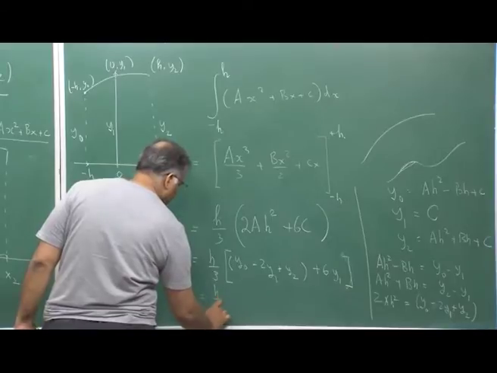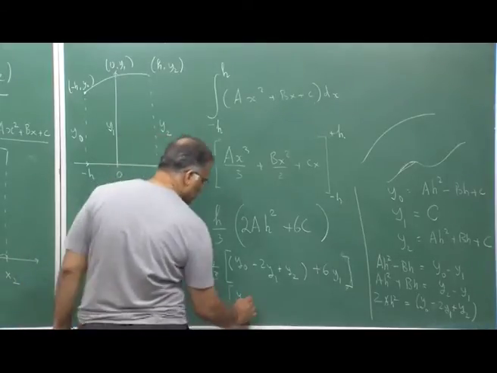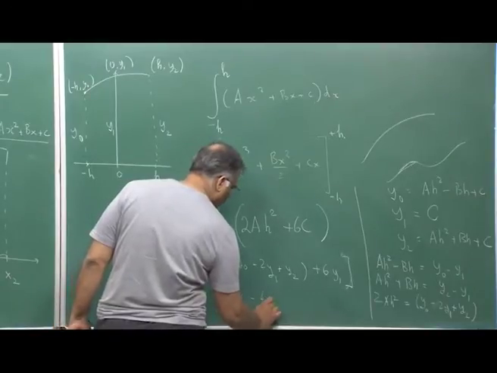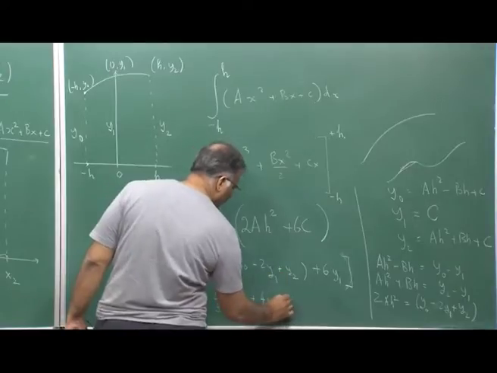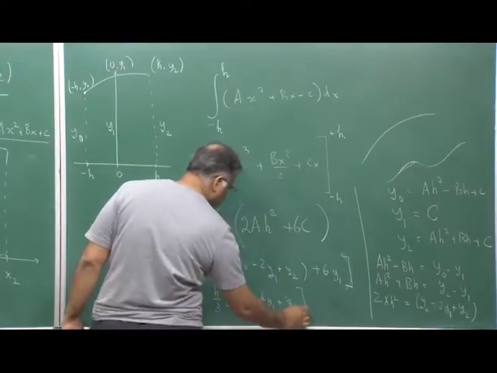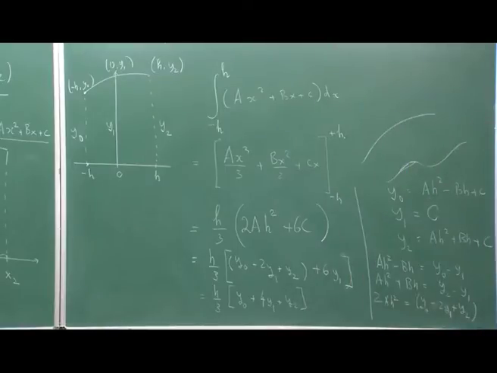It is h by 3 into y0 plus 4y1 plus y2. So, that is the integration.